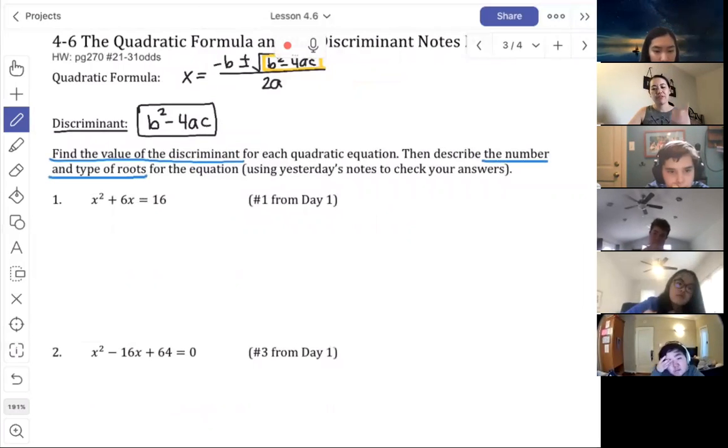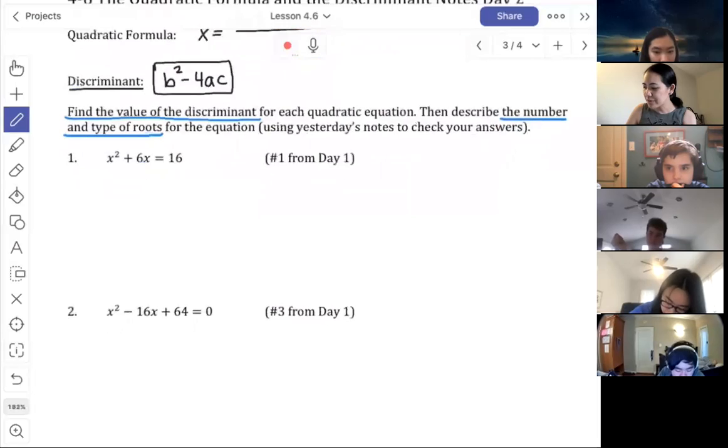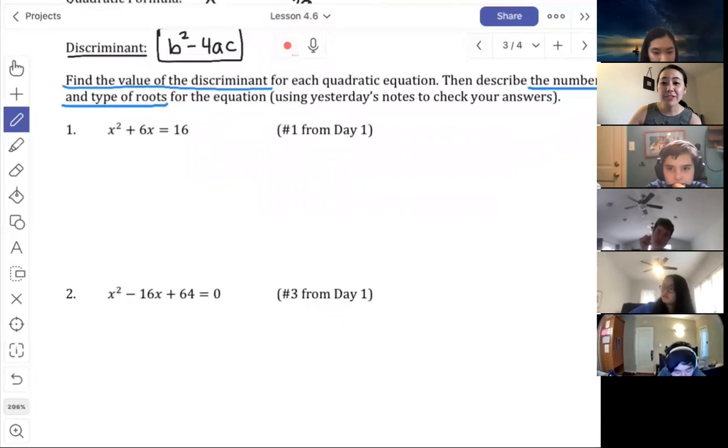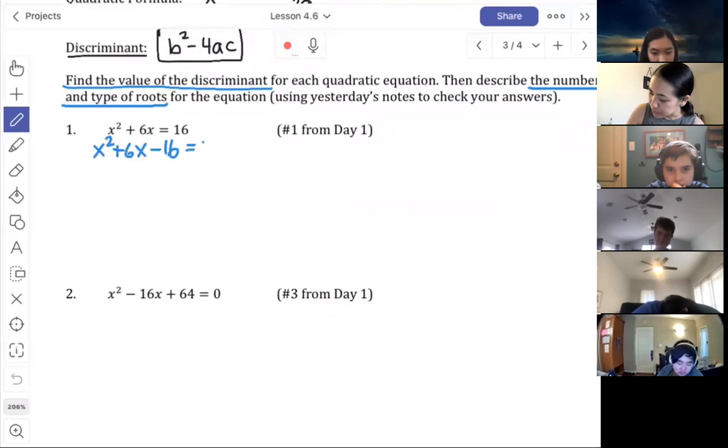So find the value of the discriminant and then tell me how many and what type of roots to expect. All right, so example number 1. First thing we have to do is move everything to the left side, set the equation equal to 0. Very important first step. So I'm going to subtract the 16 and get this equation equal to 0.